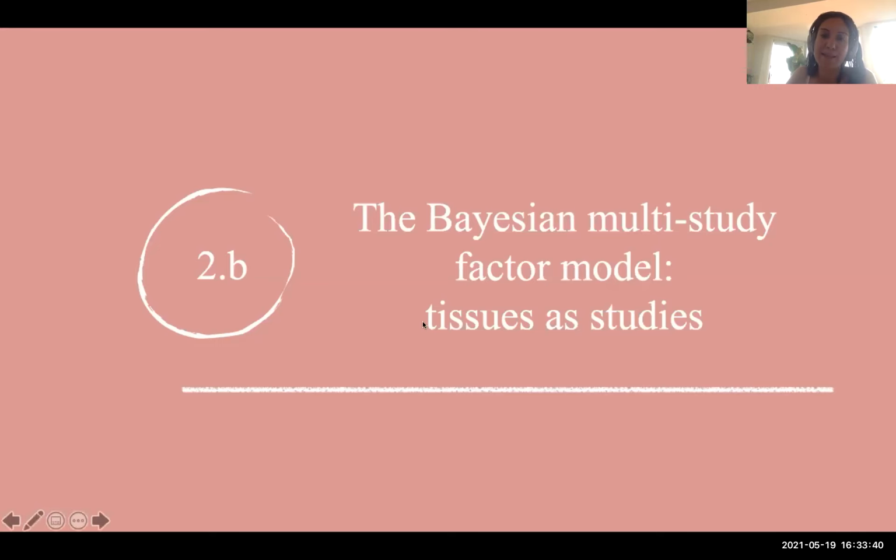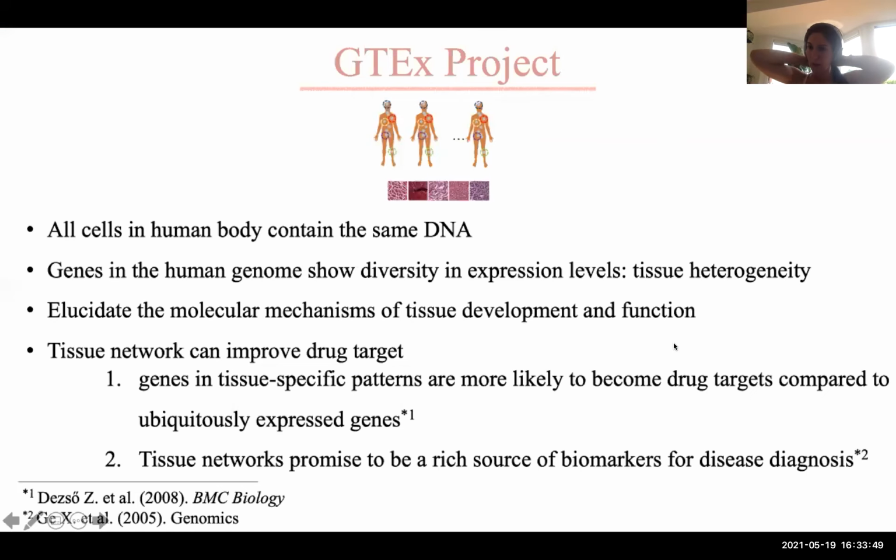And this is exactly like the GTEx project, where here we consider tissues as studies. So all cells in the human body contain the same DNA, but different cells in different tissues express, on one hand, a set of common genes, and on the other hand, another set of genes that can vary depending on the type of tissue.